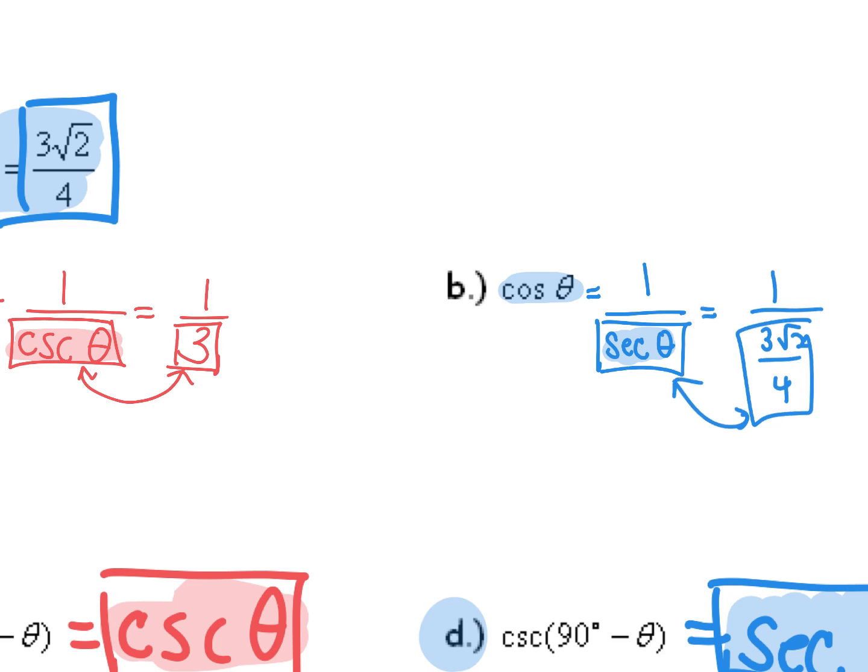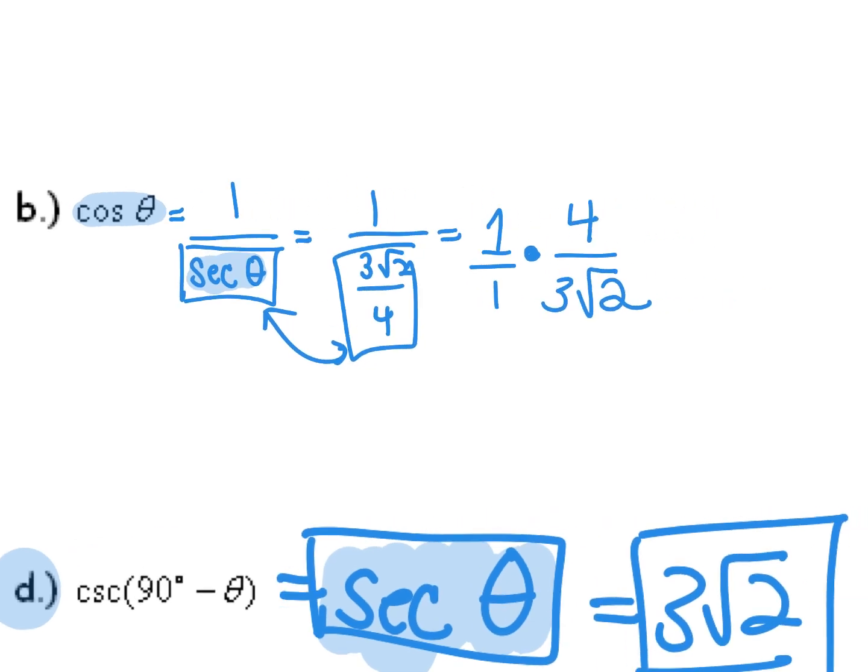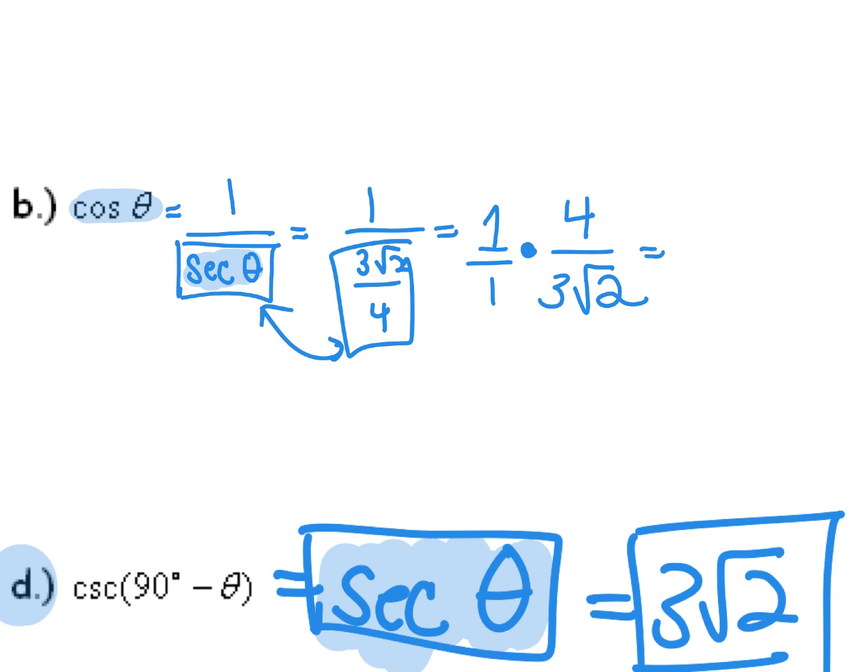You can't leave me an answer that looks like that. So as Annabelle and I were just talking, you would do your keep, change your division to multiplication, and flip 3 root 2 over 4 to be 4 over 3 root 2. And then you just multiply straight across the top, straight across the bottom. You're only ever multiplying by 1.